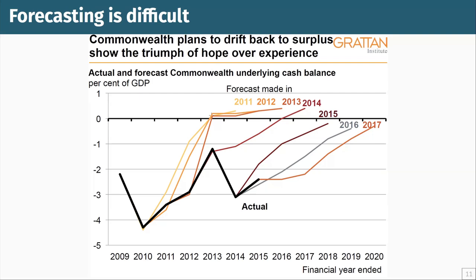That's because these are not really forecasts. These have a political purpose, and I would never call these forecasts. I would call them hopecasts. It's what people hope might happen, but they're not genuine forecasts, and it's clear that they're not, because a genuine forecast is going to be above the actual 50% of the time and below the actual 50% of the time.